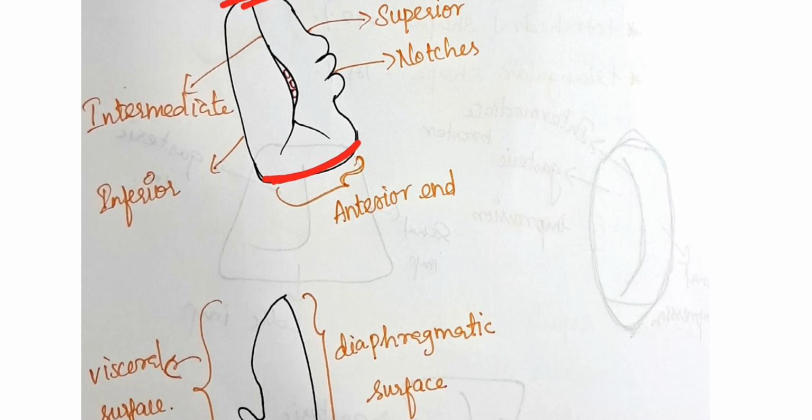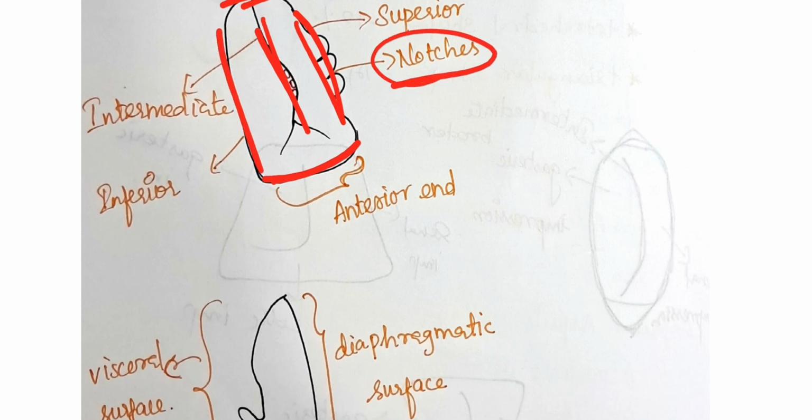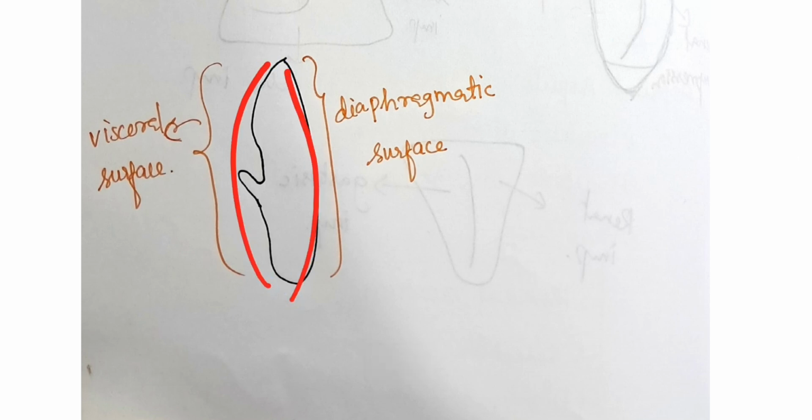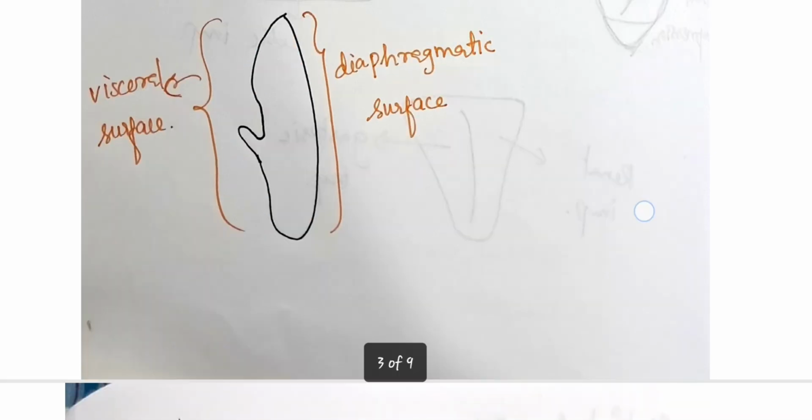Then we have 3 borders: superior, intermediate and inferior. In the superior border, notches are present. And we have the diaphragmatic surface, which is related to the diaphragm, and the visceral surface, which is related to some of the organs.